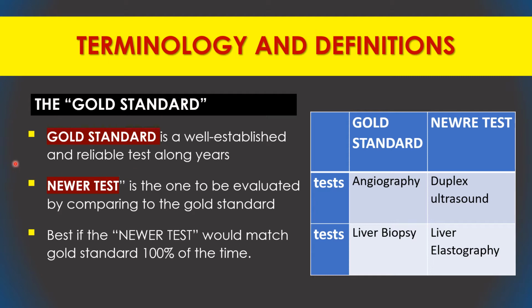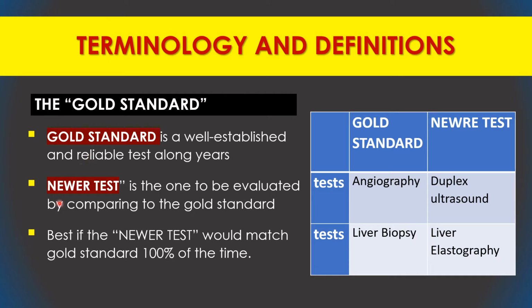For example, in ultrasound we are going to use angiography as a gold standard, and we are going to evaluate the new test, which is duplex ultrasound. Another example is liver biopsy, a gold standard, and we might evaluate liver elastography to see how accurate it is in diagnosing, for example, liver disease, liver tumors. So this is what we mean by the gold standard.